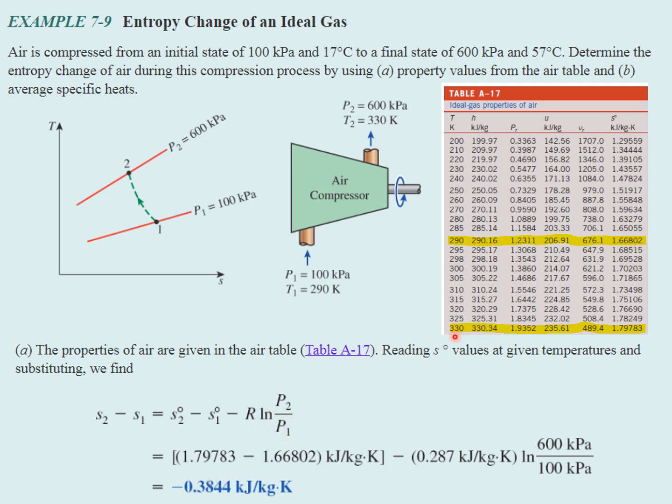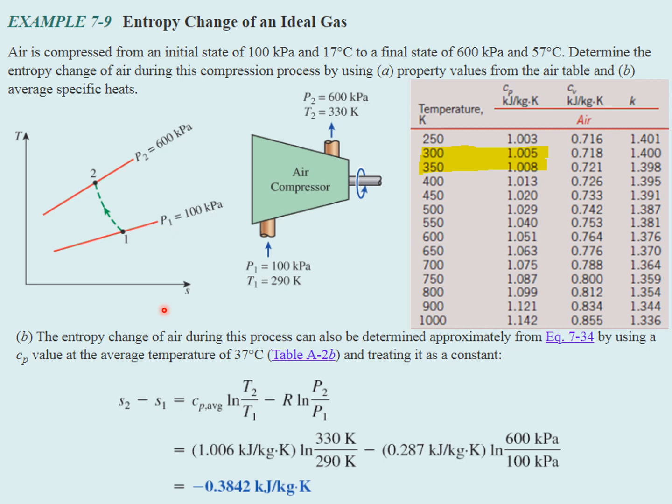Down here at 330, it's the same sort of thing. So you can subtract 1.79783 minus 1.6802 minus R times the log of the pressure ratio, P2 over P1. So you find that the change in entropy is minus 0.3844 kilojoules per kilogram Kelvin.